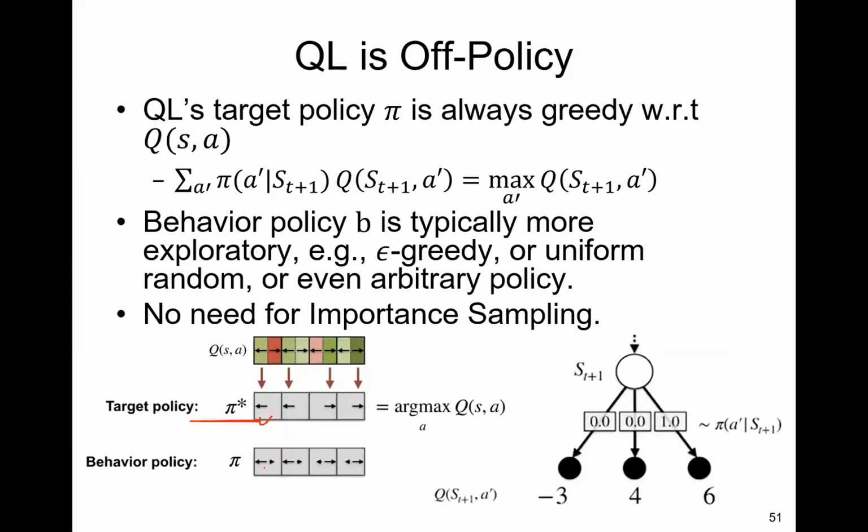But here you add a small epsilon of moving right, and similarly for every other state. So the target policy is always greedy. This argmax means greedy. The behavior policy is more exploratory. It could be random, epsilon greedy, or even some arbitrary policy. And there's no need for importance sampling.